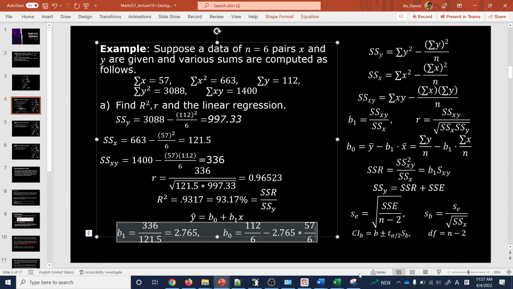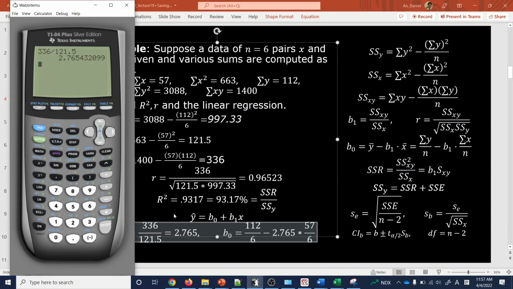Okay? So let's put that in. 112 divided by 6, minus 2.765 times 57, divided by 6. You get negative 7.6.